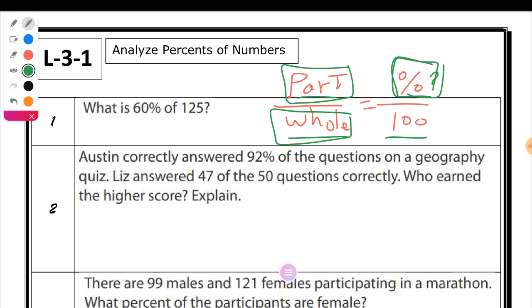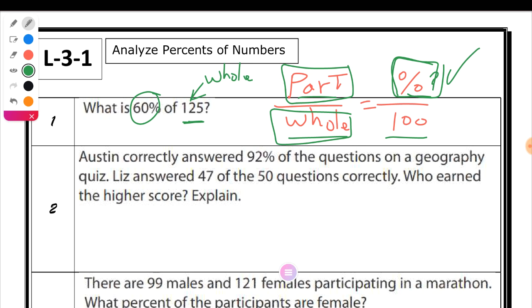How to calculate it? Here in our problem, we can consider 60% as the percent, so I have the percent here. After the word "of", always it's the whole number. He needs something of the whole number, so the whole number always comes after "of".